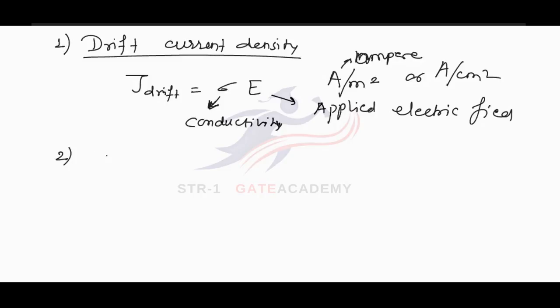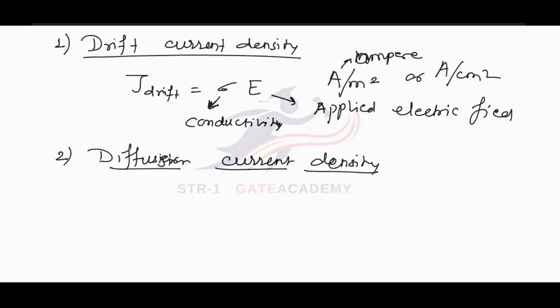Number 2, diffusion current density. Diffusion current density is due to motion of charge carriers due to the existence of a concentration gradient.